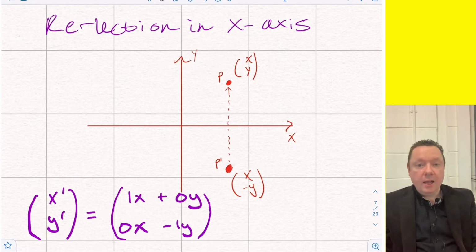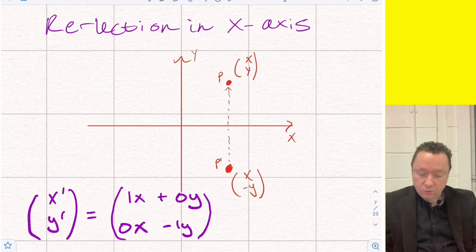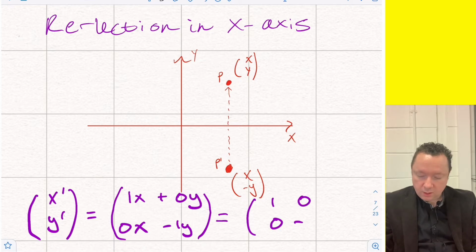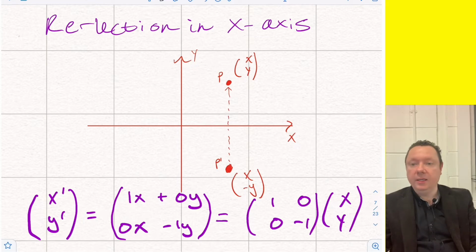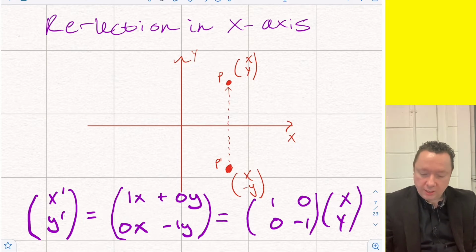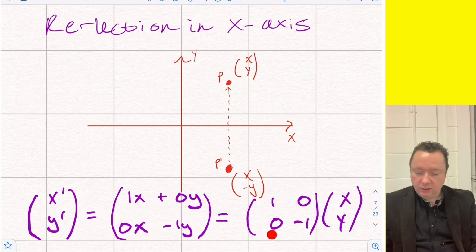And taking out the coefficients of x and y in the standard way, we would get 1, 0, 0, minus 1 times x, y. So our transformation matrix, of course, is 1, 0, 0, minus 1. There's our transformation matrix for reflection in the x-axis.